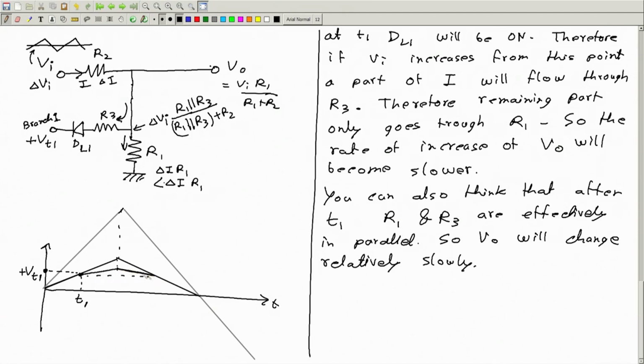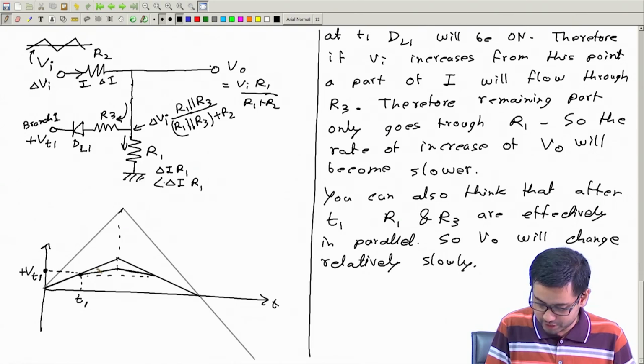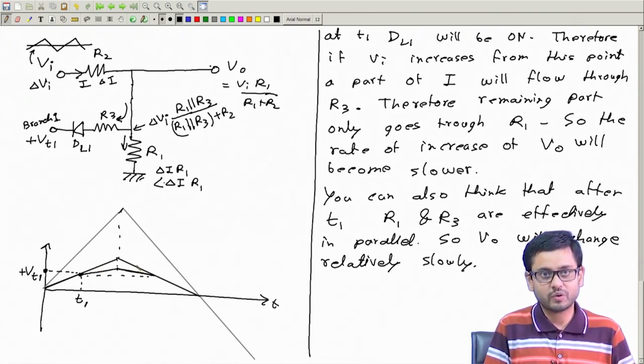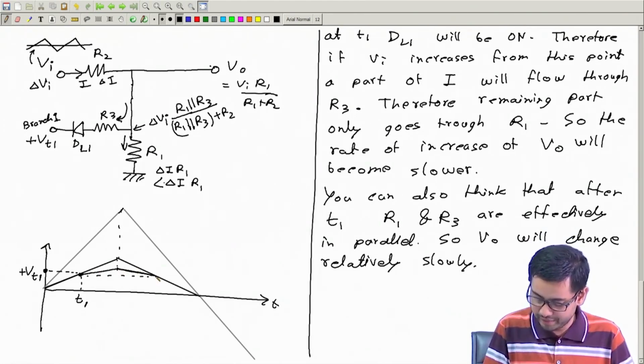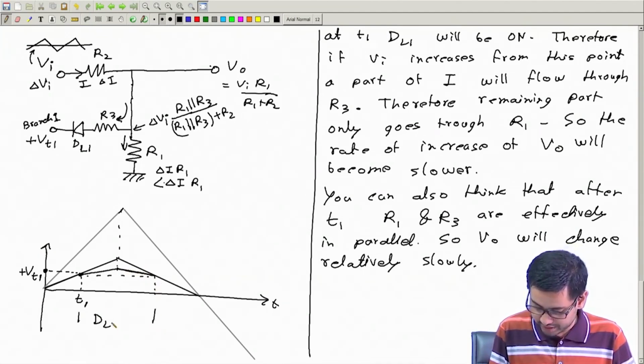So these two parts should be same, because whatever is the value of input at this point, the value of input at this point is also same. So it will decrease in a similar way, and up to this, diode DL1 is on.